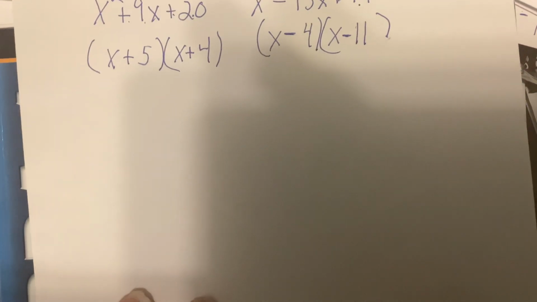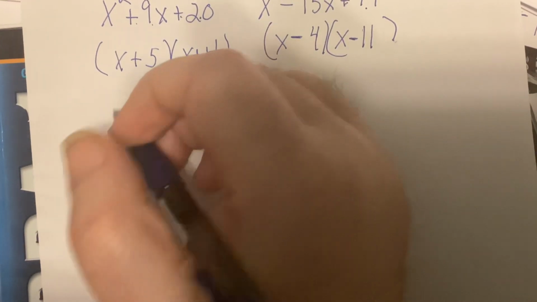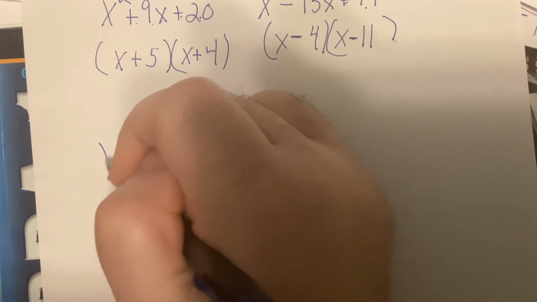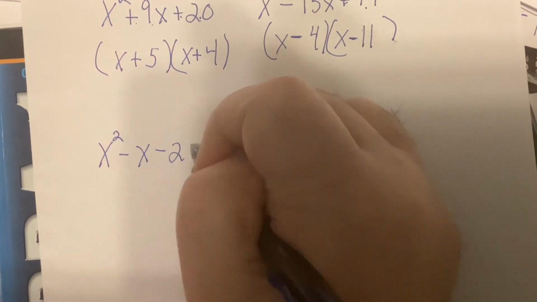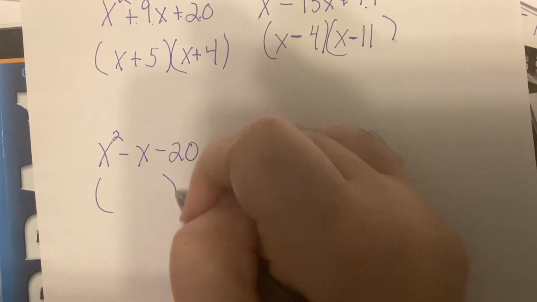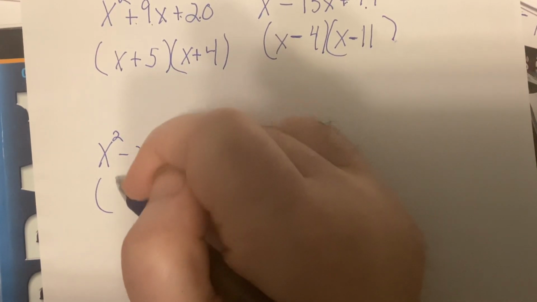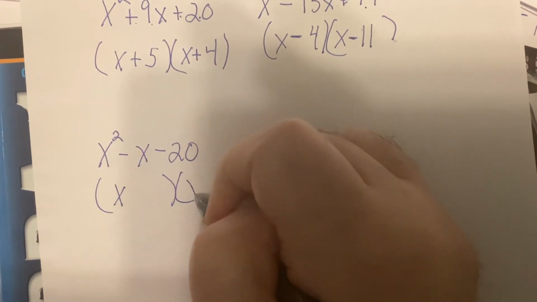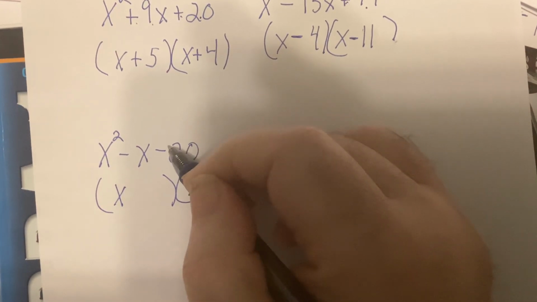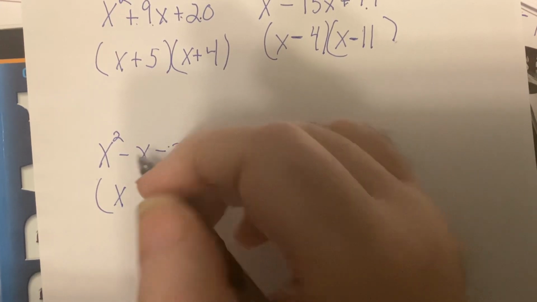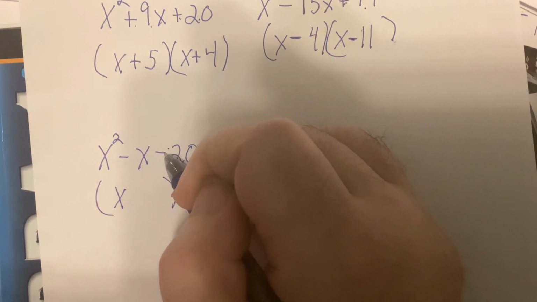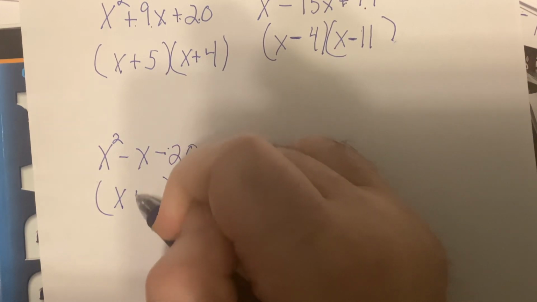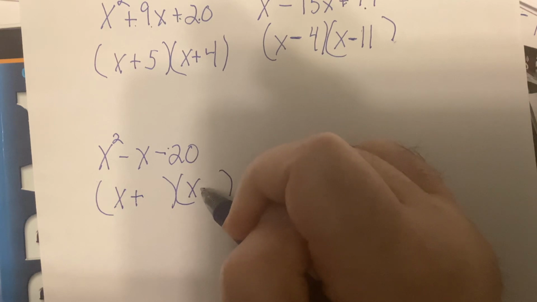Then we did what do you do if the last term is negative? So it starts off the same way. X squared is x and x. Last term's minus, so you do opposite signs.